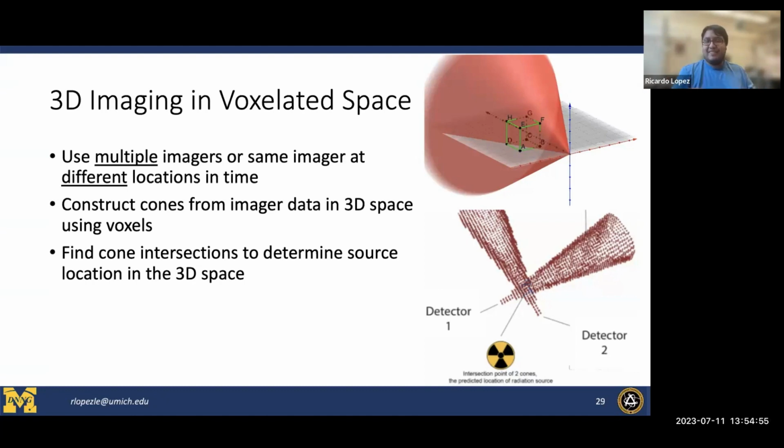You would voxelize it in small cubes, and you can intersect your cones with these cubes. Since you have the equation of your cone for your particular event, you can figure out which of these voxels intersect that particular cone, and that lets you build a cone of voxels, if you will, in that three-dimensional space. And if you have multiple cones from different locations coming from the source, they should intersect where the source is located in this 3D space, as shown here, over on the bottom right. In the ideal sense, this is how it'll work.